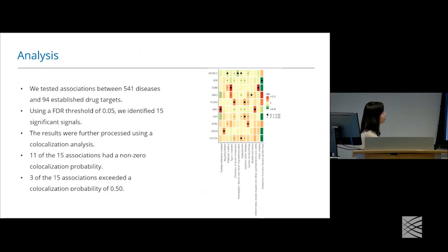And again, we further processed the result using a co-localization analysis for the reasons we just described. And 11 of the 15 associations had a non-zero co-localization probability, and 3 of them had a co-localization probability greater than 0.5, which is the cutoff we used for co-localization analysis.